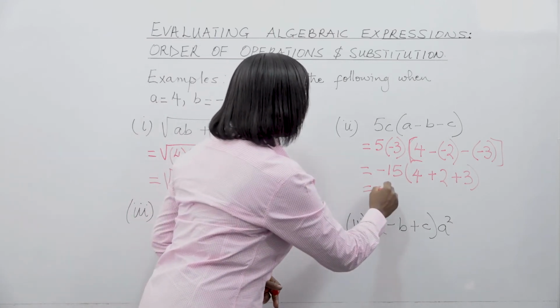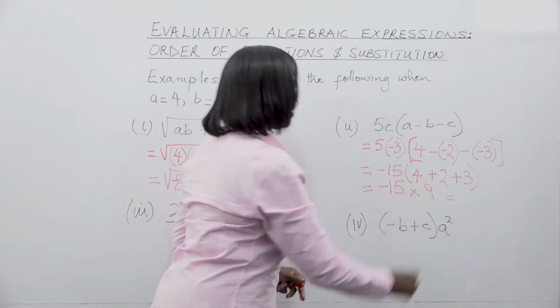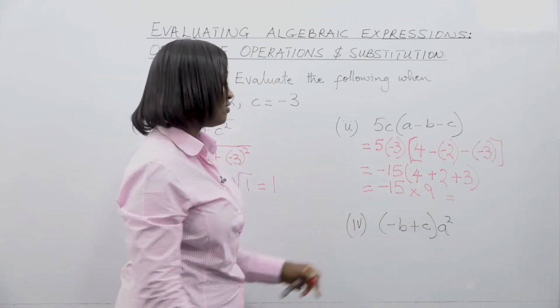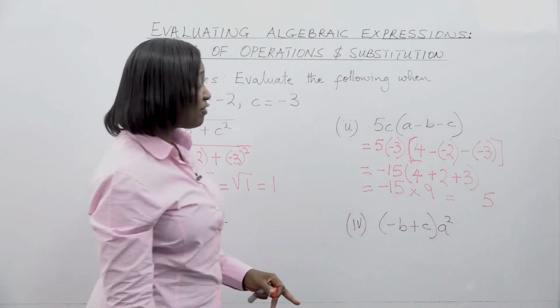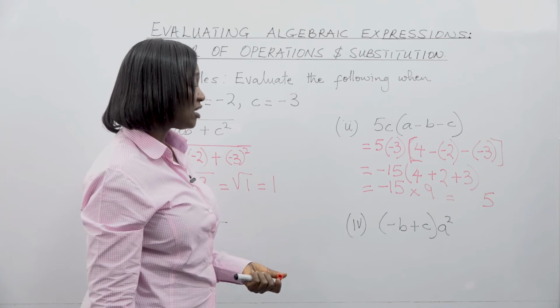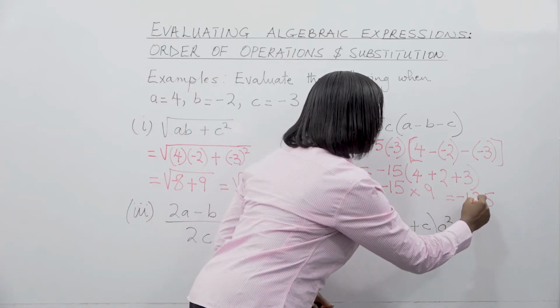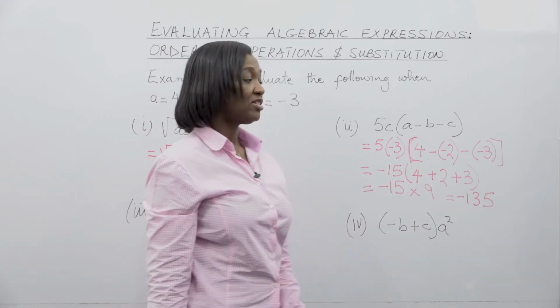The answer is going to be minus 15 times 9. And 15 times 9 is equal to 9 times 5 is 45, carry 4. 9 times 1 is 9, plus 4, 13. So the final answer is minus 135.